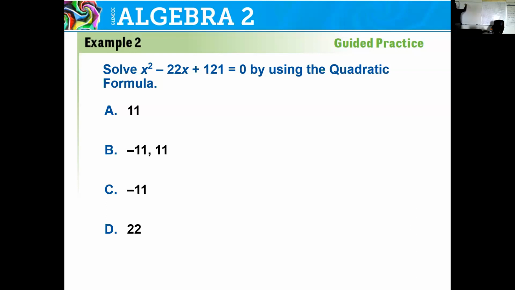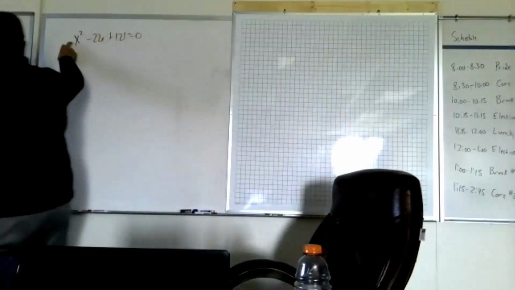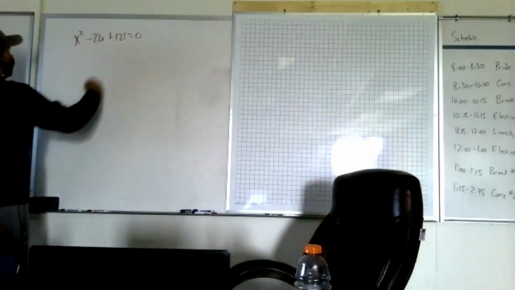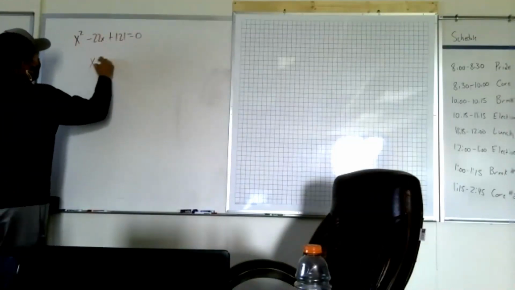X squared minus 22x plus 121, set equal to 0. Identify a, b, and c. Plug it into the quadratic formula.